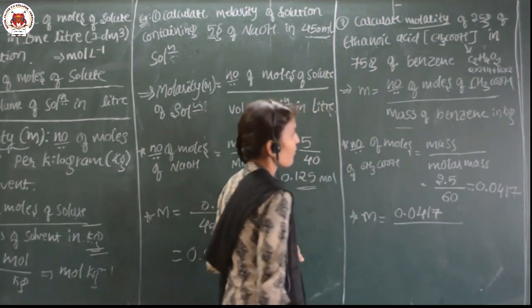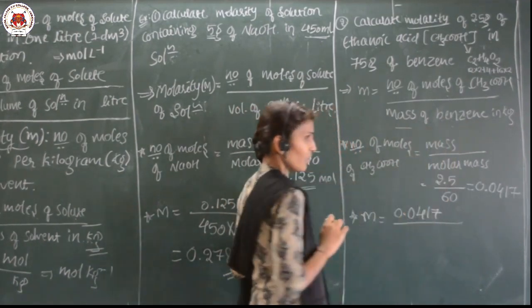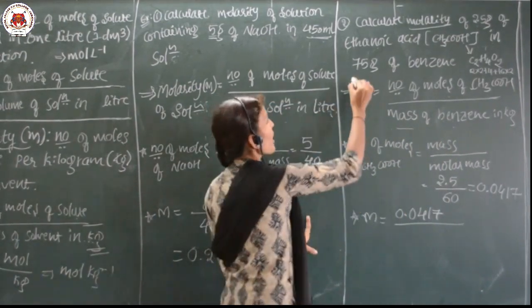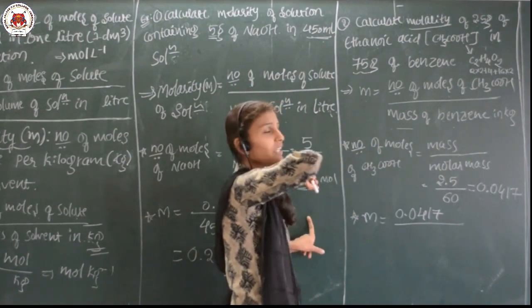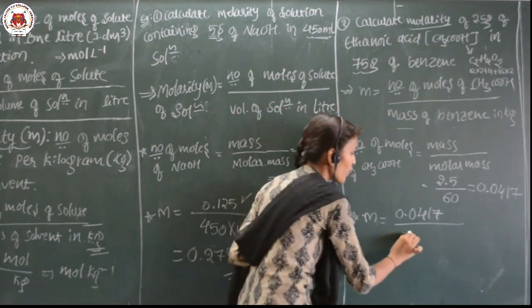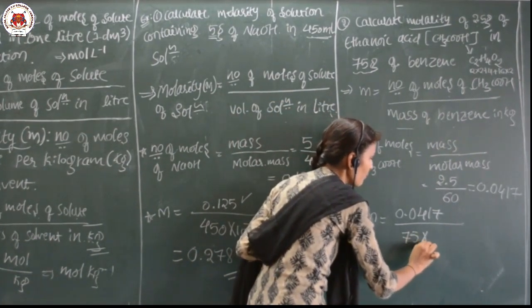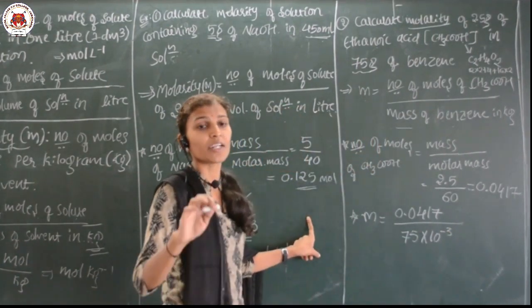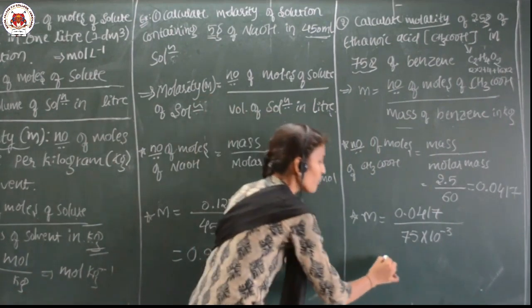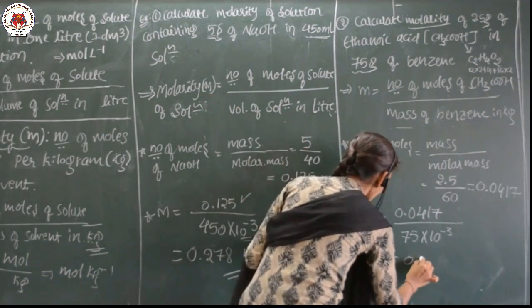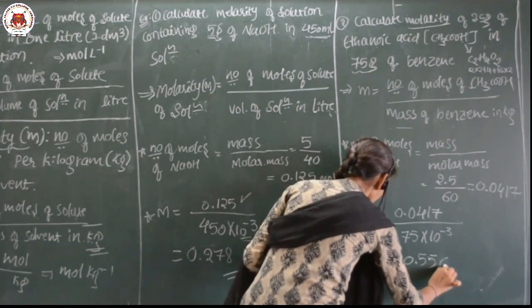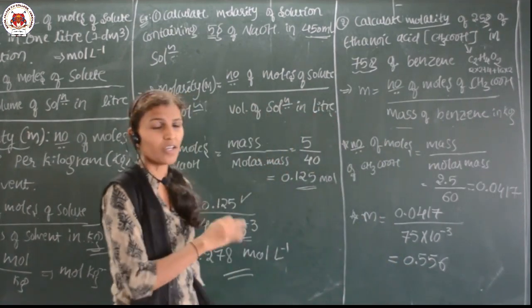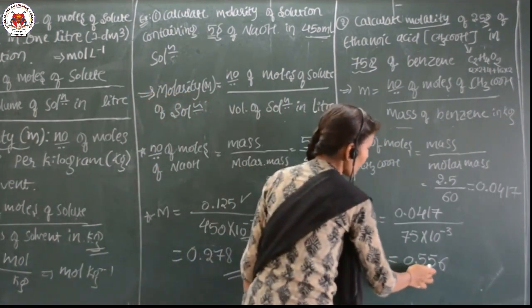0.0417 divided by the mass of the benzene in kilogram, but they have given it in gram, 75 gram. So convert that into kilogram, meaning you have to multiply it by 10 to the power minus 3. So here you are going to get the answer, 0.556.